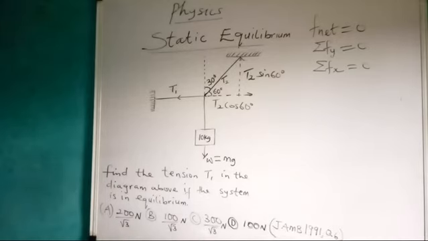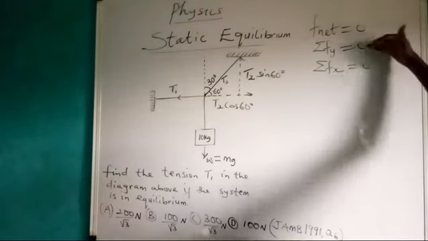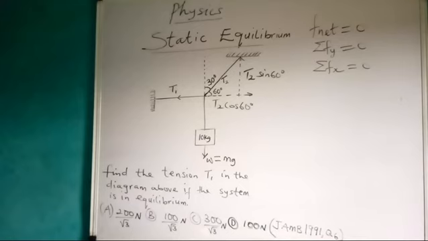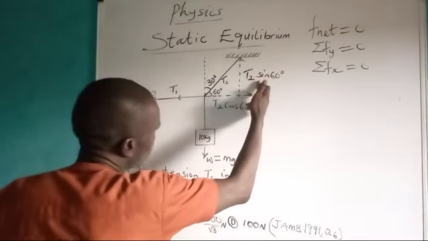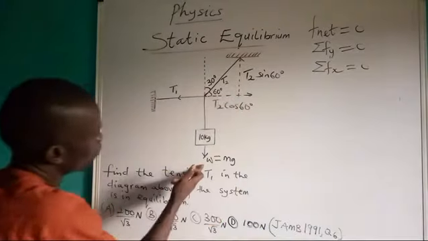Now let us see what we will do. We are going to use these two components to resolve the system. Which one is the y component? The one that is vertical has to do with the y component. This one is vertical, this one is vertical, and this one is also vertical.